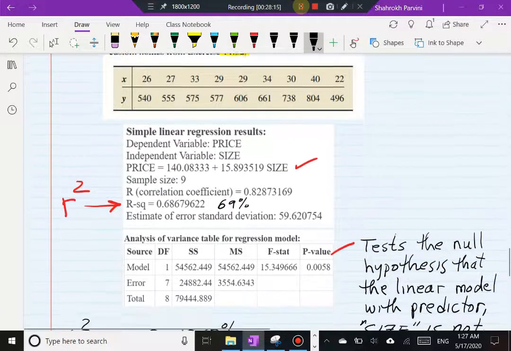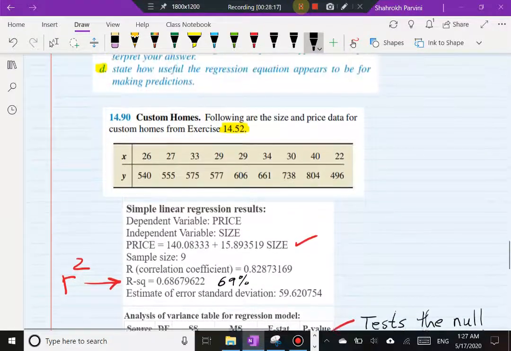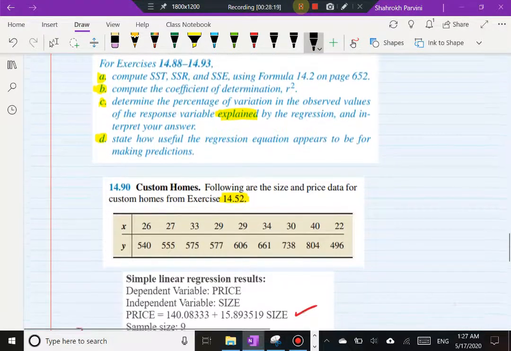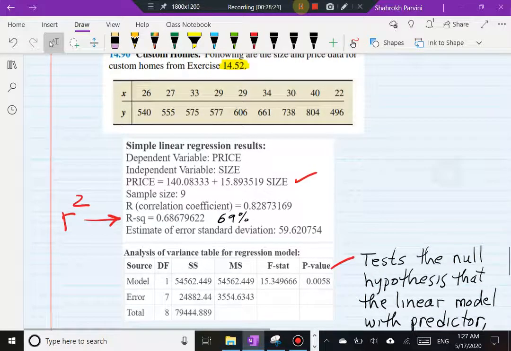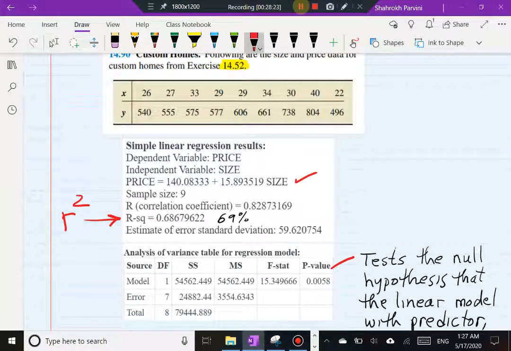And this is what the ANOVA looks like. Now to answer part A, SST, SSR, SSE, let me show you these in the output. The model here is the regression model. Regression. Now the SS here means sum of squares.